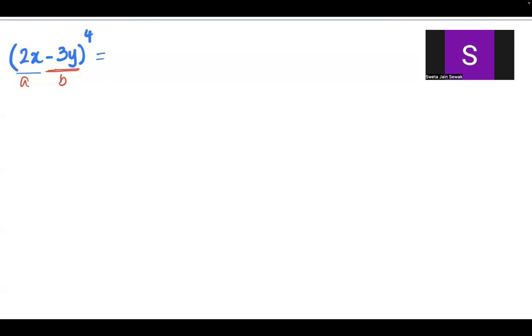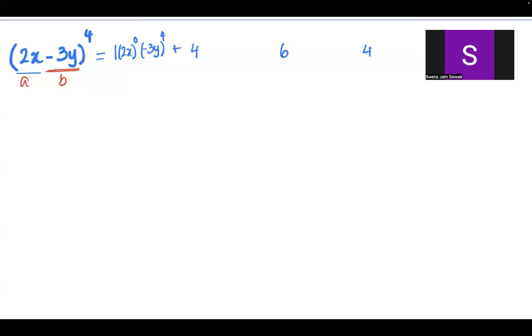The coefficients are 1. If you don't remember, you can refer to the Pascal's triangle again. 1, 4, 6, 4, 1. So we have a to the power 0, which means it's 2x to the power 0. And b, this time my b is negative 3y. It's not just 3y, but negative 3y. Negative 3y to the power 4.